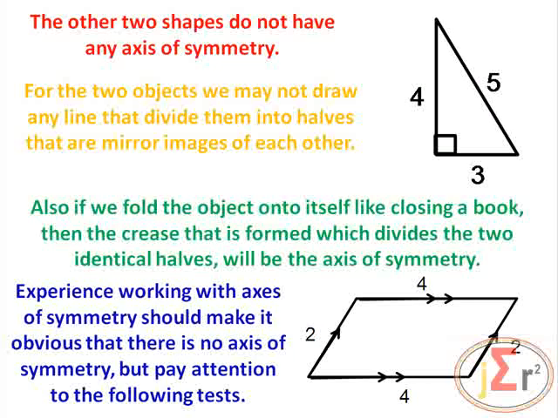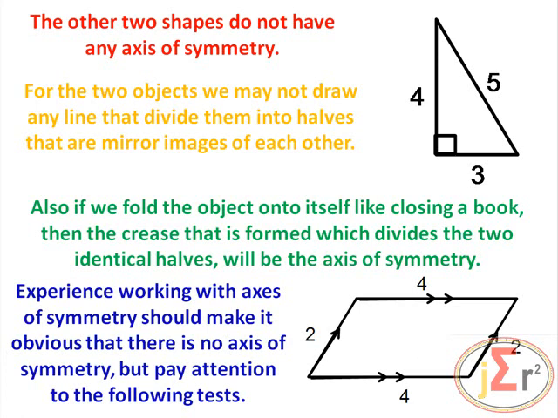Experience working with axes of symmetry should make it obvious that there is no axis of symmetry, but pay attention to the following tests. We are saying that these two do not have any axis or line of symmetry. We are also saying that if you fold an object onto itself, the crease will be the axis of symmetry.